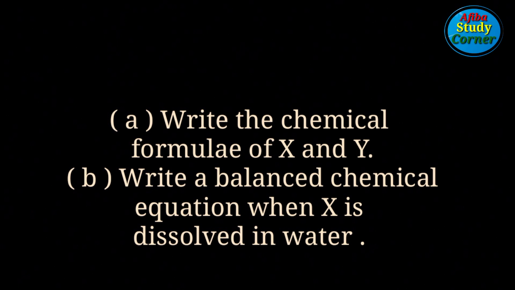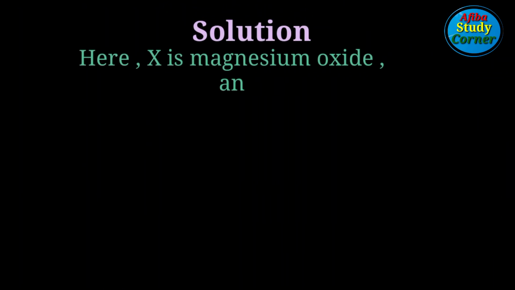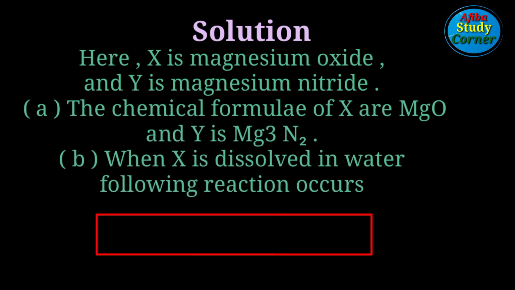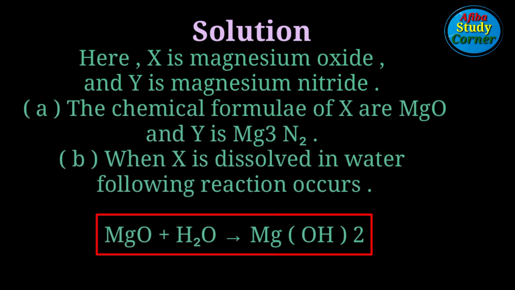So we got the product magnesium nitride. So here X is magnesium oxide and Y is magnesium nitride. The chemical formula of X is MgO and Y is Mg3N2. That is, magnesium and nitrogen reacted to form magnesium nitride.